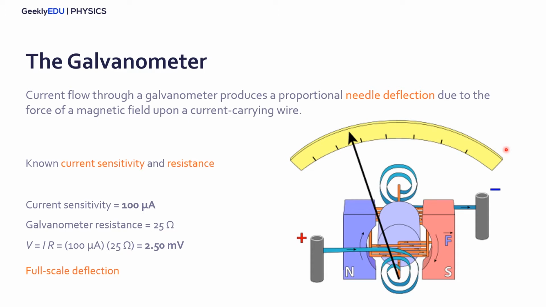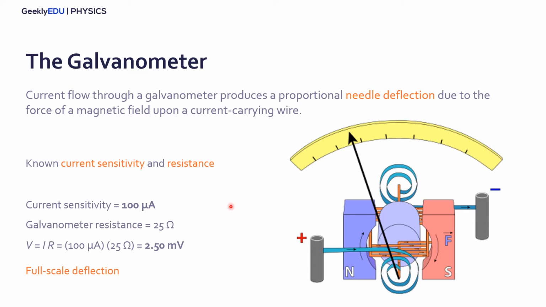So it's very good because now we can measure all the voltages and currents below these two values just by adding a scale to this needle, okay? At 2.5 millivolts or 100 microamperes, we have a full scale deflection.